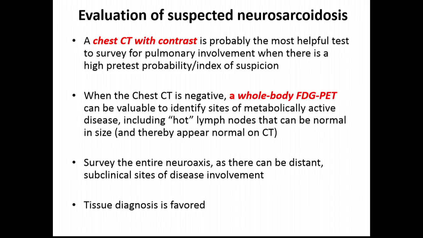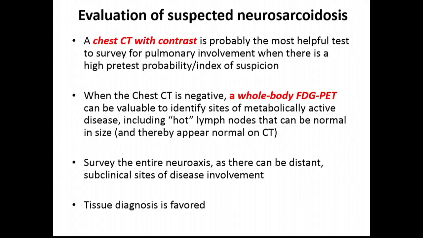So how do we work up sarcoid? We do a chest CT with contrast. That's probably the most helpful test when you have a high index of suspicion. So when I have a patient with classic relapsing MS, I don't do a chest CT. That's crazy. That's a lot of radiation. That's not what I'm talking about. But if I'm working up a chronic meningitis and I'm not sure what's going on, or if I have a myelitis that's atypical and I want to work this up for sarcoidosis, an ACE is not good enough.